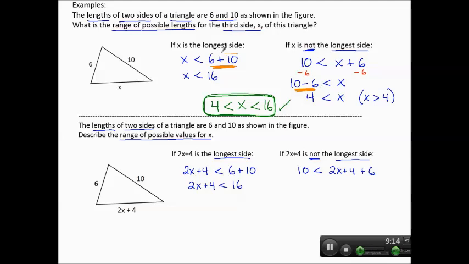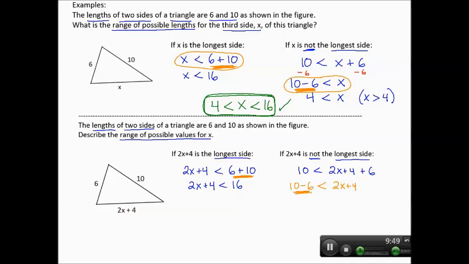So that's one quick way to look at comparing the third side of the triangle. So the difference between 10 and 6 has to be less than what we're calling the third side of the triangle, which is 2x plus 4. So see, we've got the third side is less than the sum, and the third side is greater than the difference.